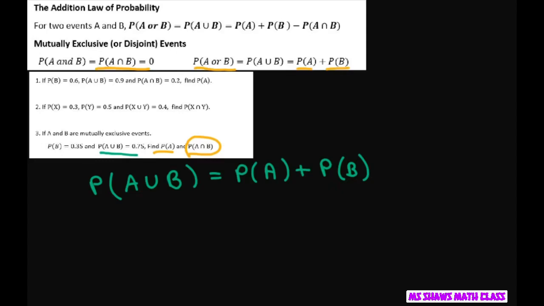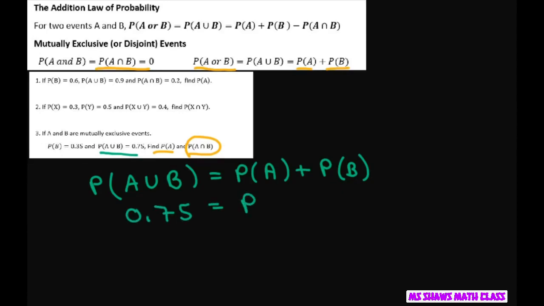So let's use what they gave us. Probability of A or B equals probability of A plus the probability of B. So this equals 0.75.